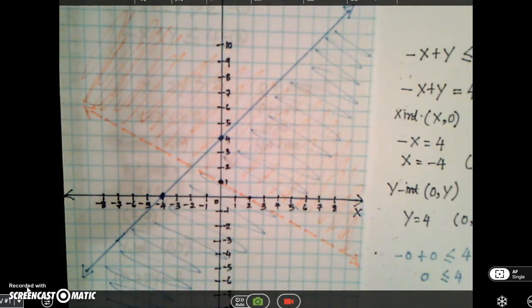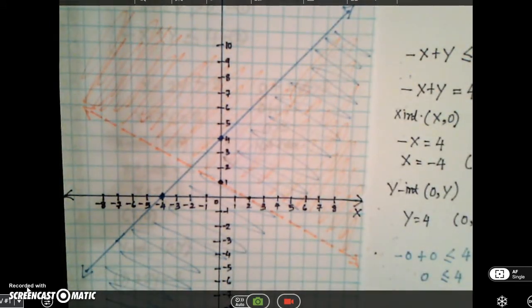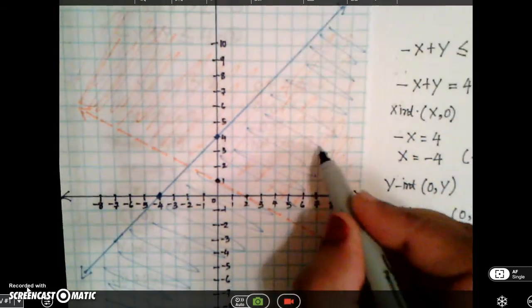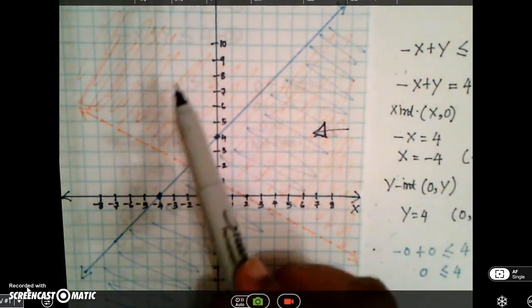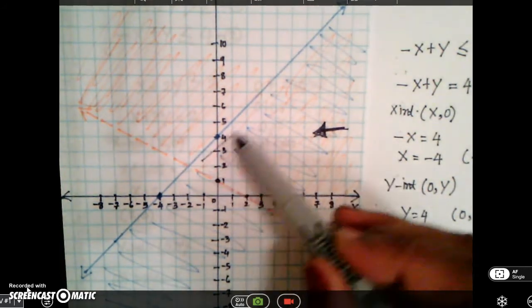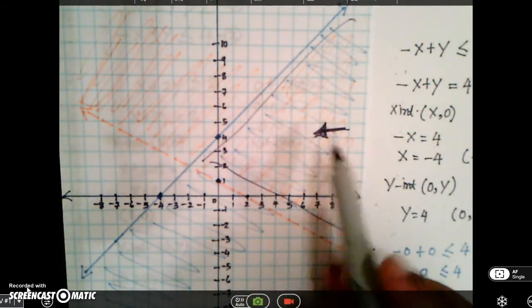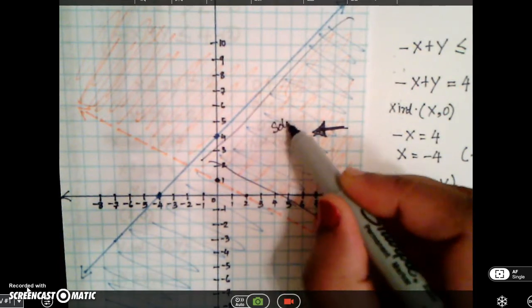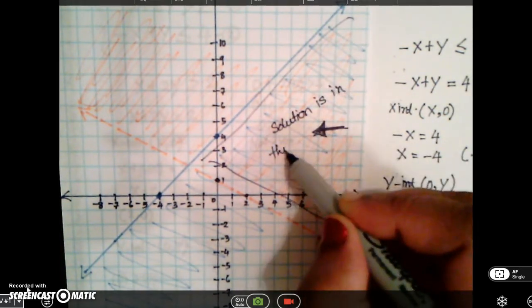As you can clearly see, my half planes are overlapping in this region. I have 4 regions: 1 here, 2 here, 3 here, and 4 here. My 2 half planes are overlapping in this region, so that's where my solution lies.